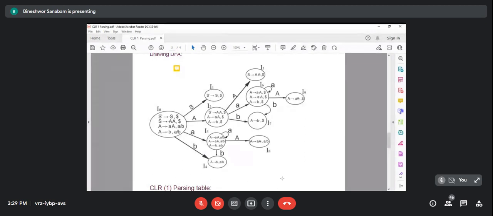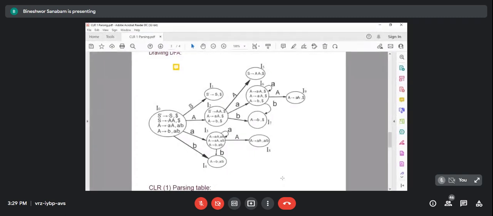So I assume everyone is okay with this. So everyone will understand how you can draw this diagram.